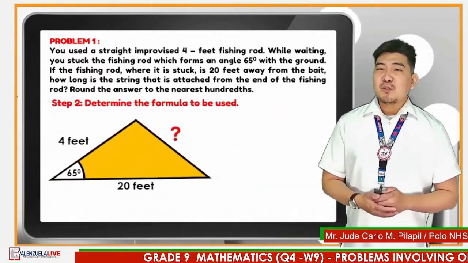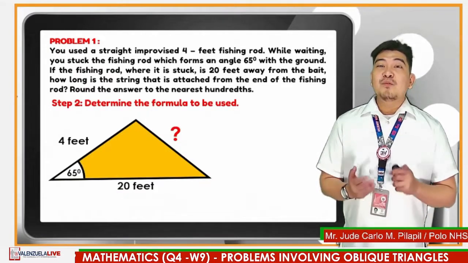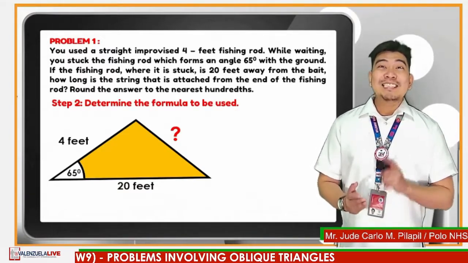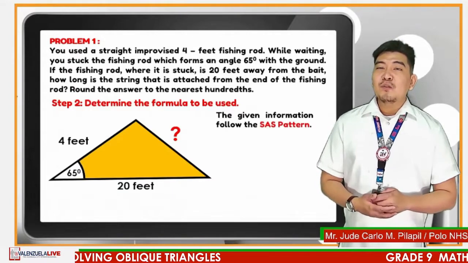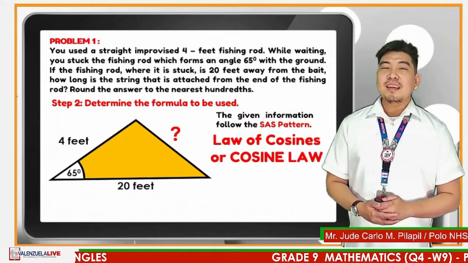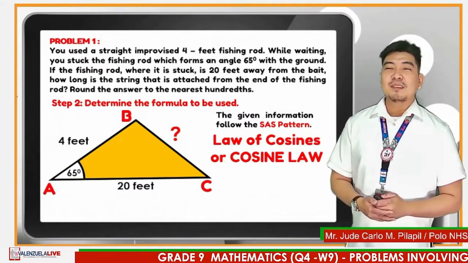Based on the given information found and labeled in the oblique triangle, we have two sides and an included angle following the SAS pattern. Hence, we will use the law of cosines to solve for the length of the unknown side. Let us name the given triangle as ABC.